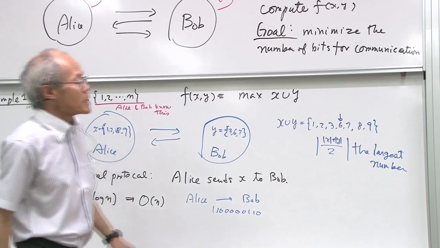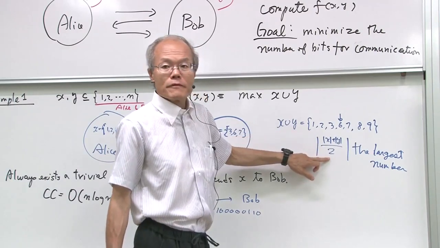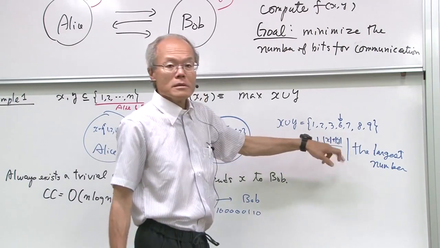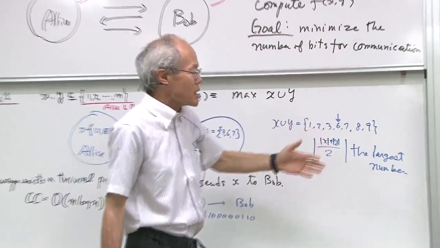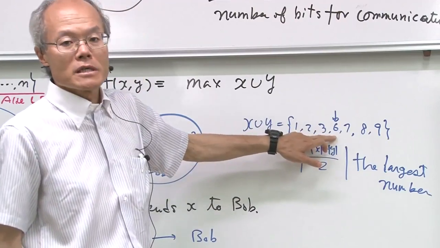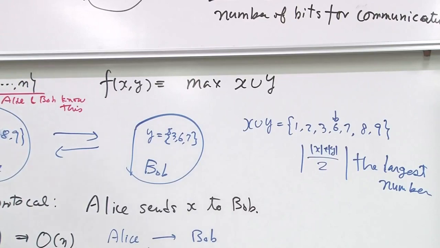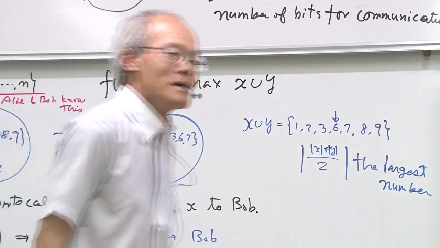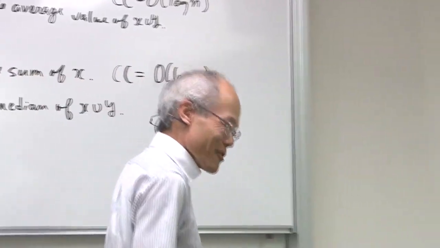We have 7, and divided by 2 is 3.5. We round up, then the fourth largest, 1, 2, 3, 4. The fourth largest is our definition of the median. This is not that easy.